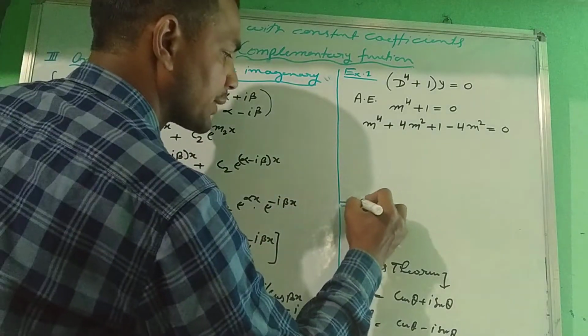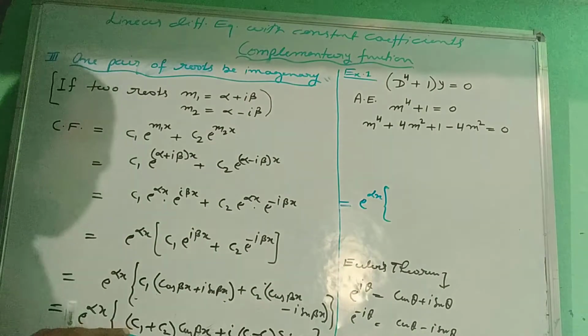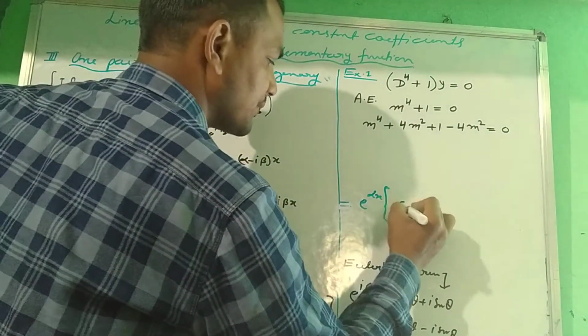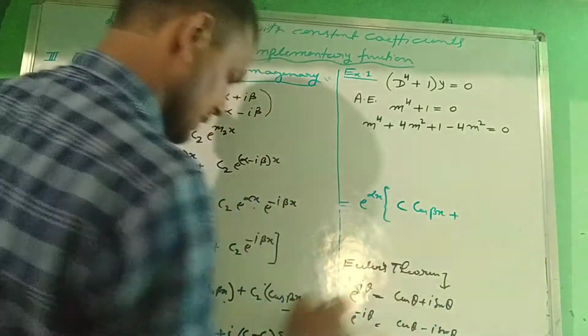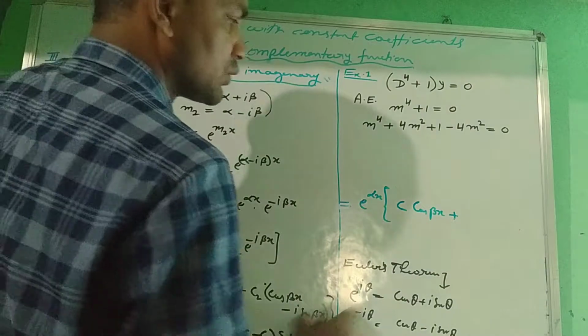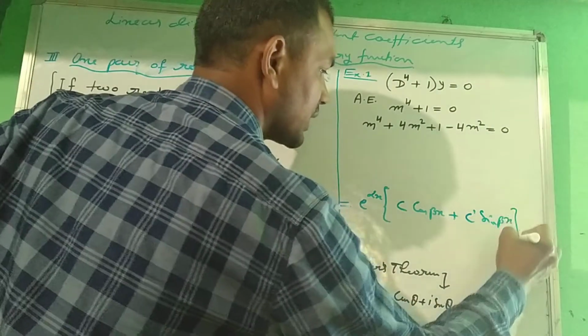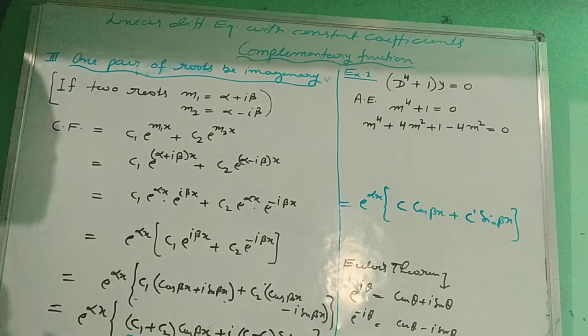Then it is equal to e to the power alpha x times C cos beta x plus C dash sine beta x. So this is the complementary function for the complex roots.